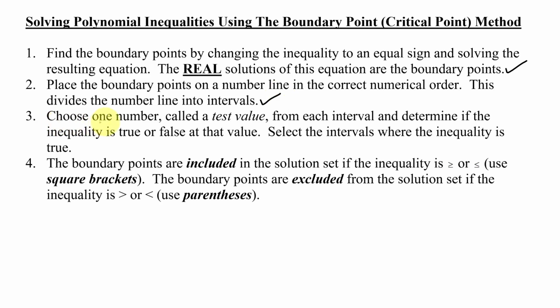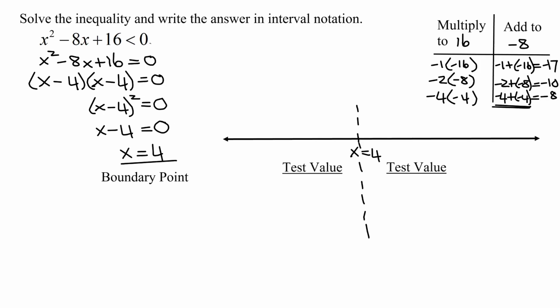Step 3 says choose one number called a test value from each interval and determine if the inequality is true or false at that value. Select the intervals where the inequality is true. So I'm going to need two test values. Let's pick one in this region. So I need a number less than 4. I'm going to pick the lazy arithmetic problem of x equals 0.